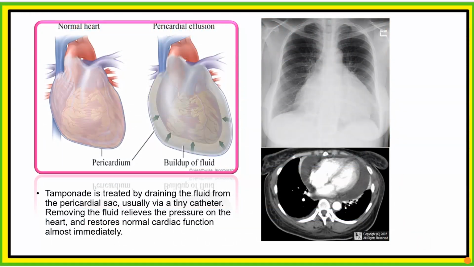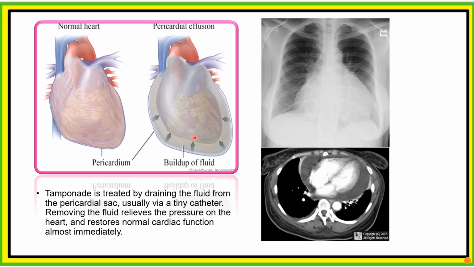Now this picture here shows us a normal heart, and then here shows a heart that is having a buildup of fluid within the pericardium and leading to pericardial effusion.